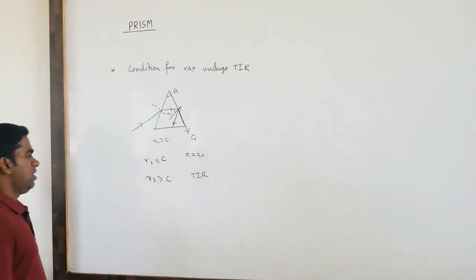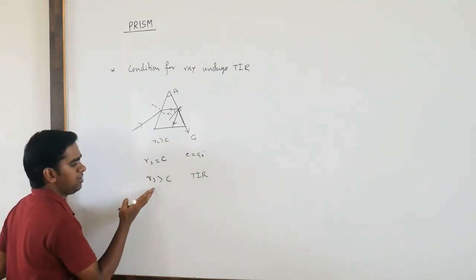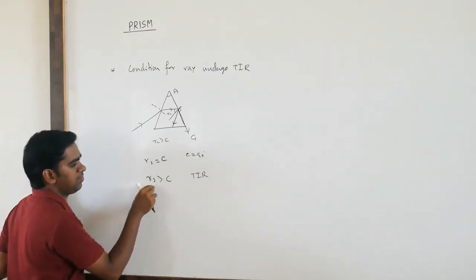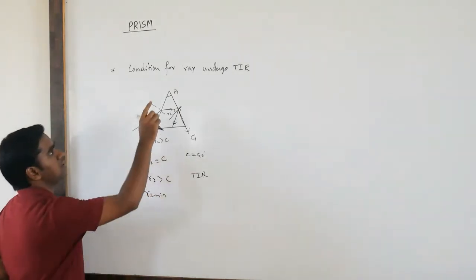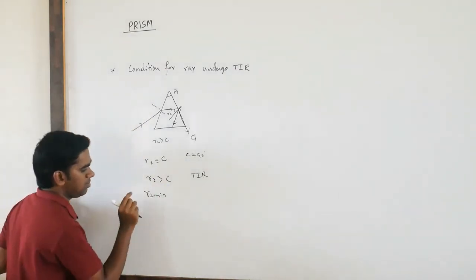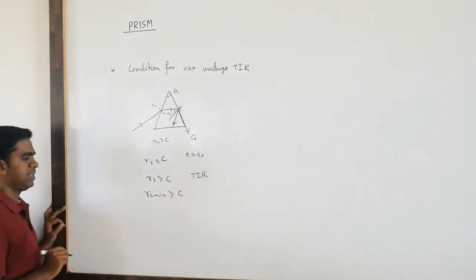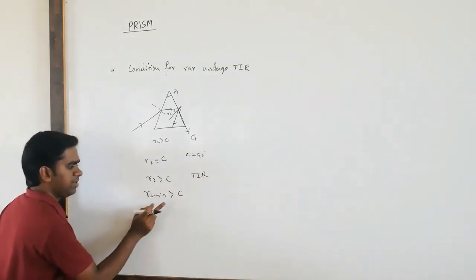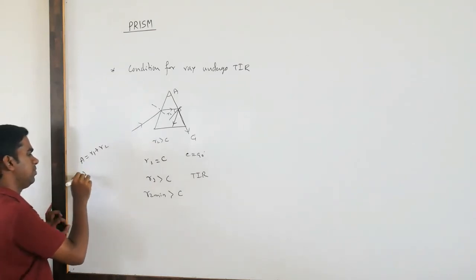So the minimum value of R2, if you want the ray to always go in total internal reflection, should be what? Greater than C. The minimum value of R2 should be greater than C, means can I write A equals to R1 plus R2.